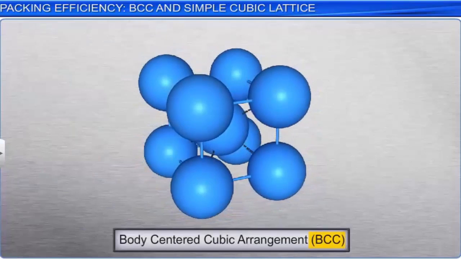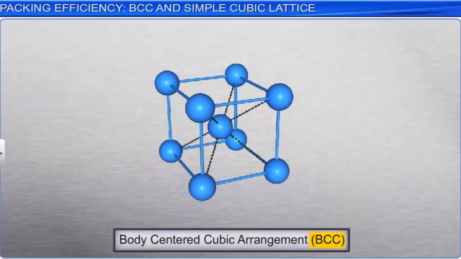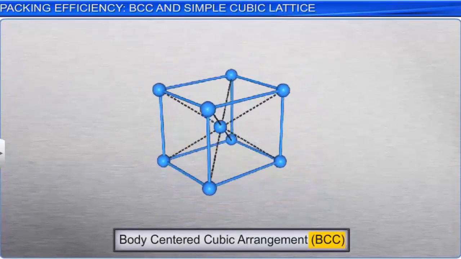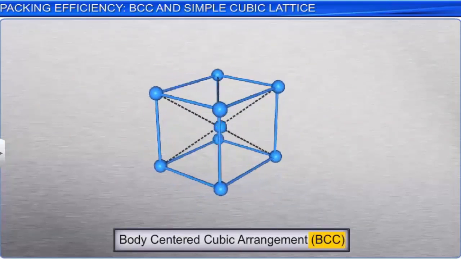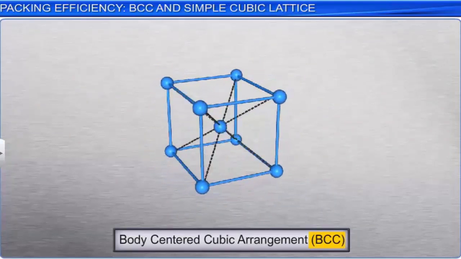You know that BCC stands for body-centered cubic arrangement of particles. Let's now study body-centered cubic arrangement. In this arrangement, the particles are present at the corners and the body center lattice points.